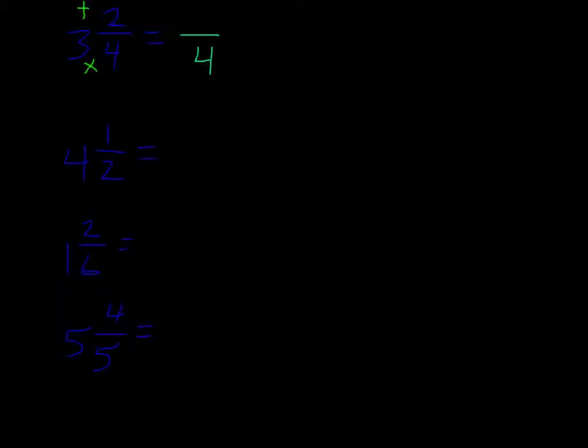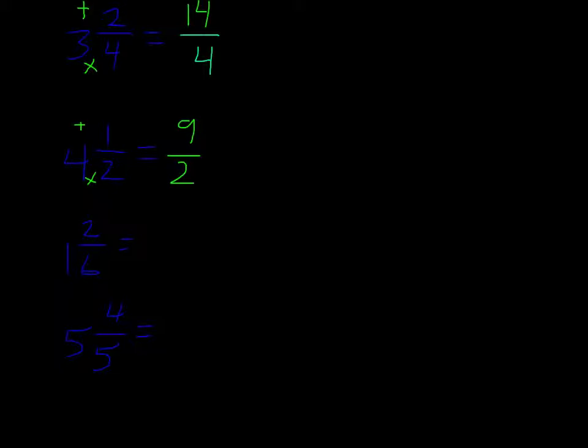So 3 times 4 is 12, plus 2 gives us 14/4. Same thing once again down here. We're going to multiply and then add. So 4 times 2 is 8, plus 1 is 9 over our 2, because our denominator stays the same.